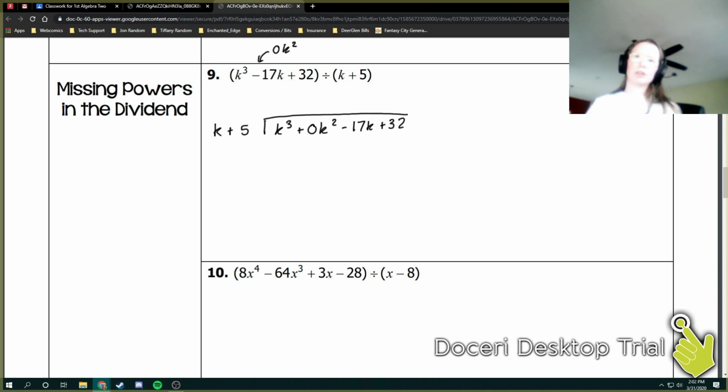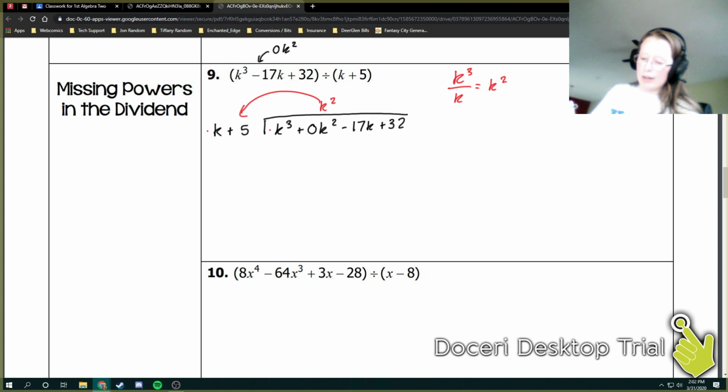And go through the process just like we have in the past. First term divided by first term. That gets written along the top. And that gets multiplied through. Then we subtract. First ones always cancel each other out, so then we have 0 minus 5, so that's a negative 5k squared.